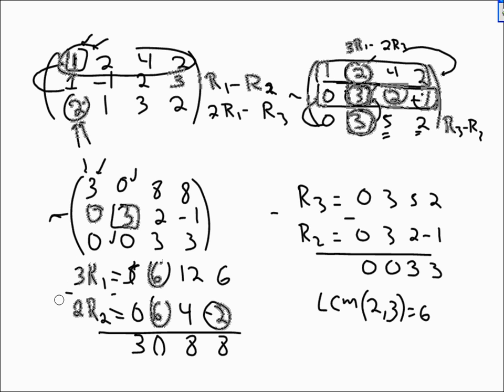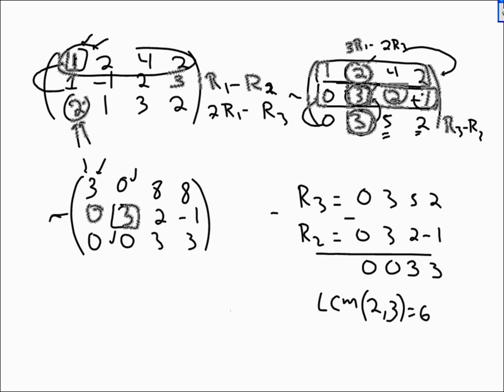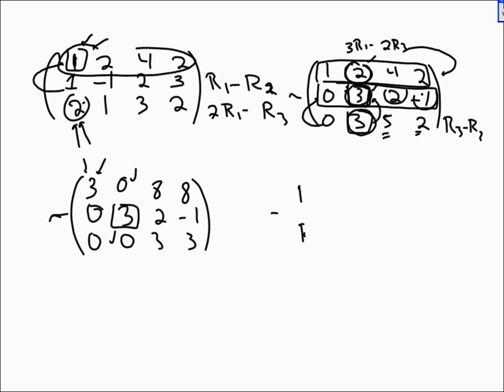So now we look at row number 3, and we look to see if there's a leading entry, a non-zero entry. And it'd be so nice if there wasn't, but there is. It's just 3. So let's talk about how we're going to get above and below that leading entry to be zeros. Or maybe we want to change that leading entry.